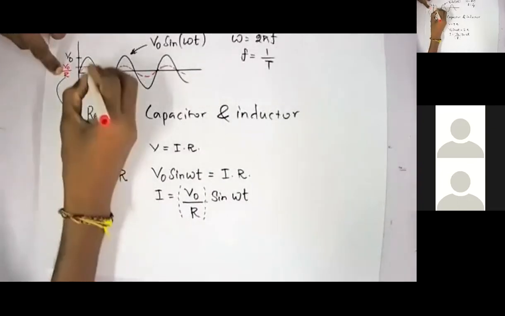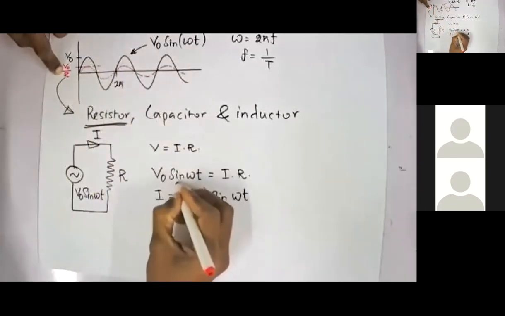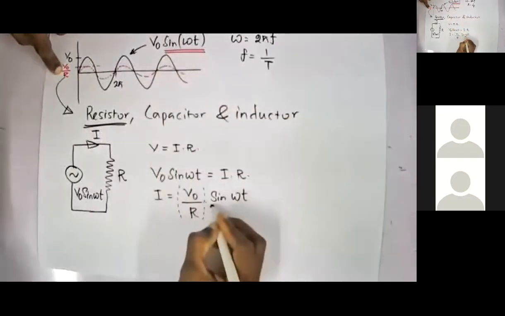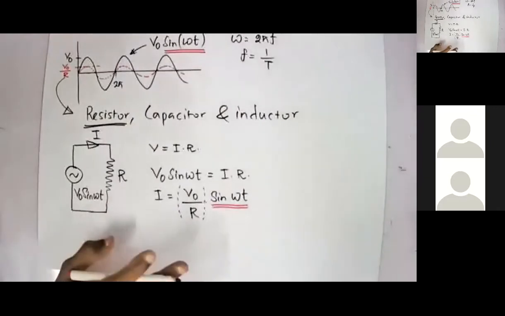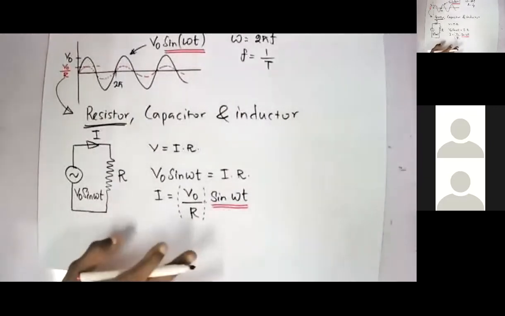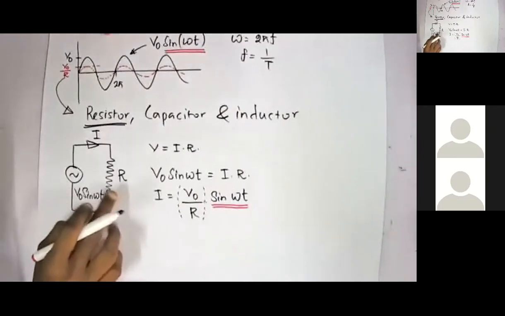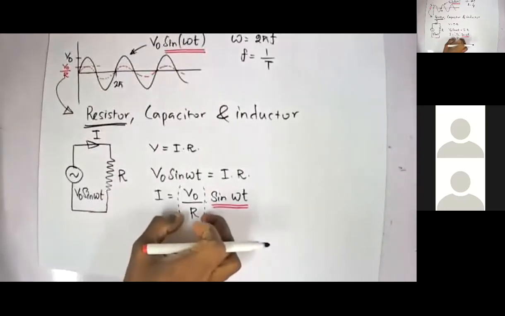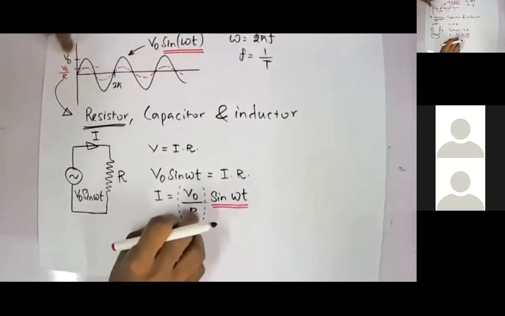So look here, there is no phase shift. This is sine omega t, and here also we have sine omega t. So the frequency and phase will not change when an AC source is connected to a simple resistor, but the scaling factor will be reduced or increased. For example, if R is 0.1 ohm, this will be 10 V naught.